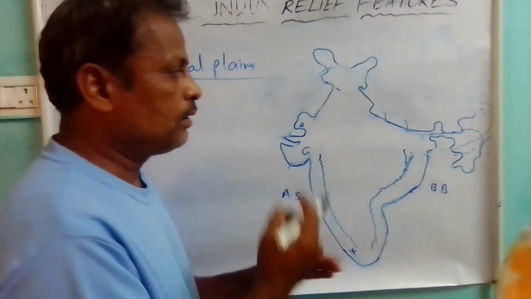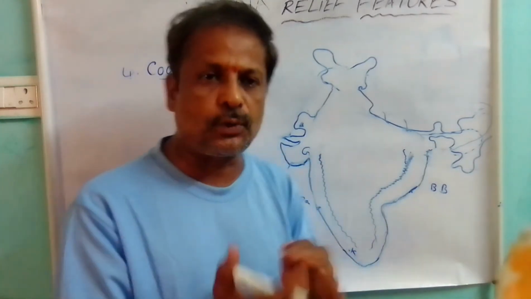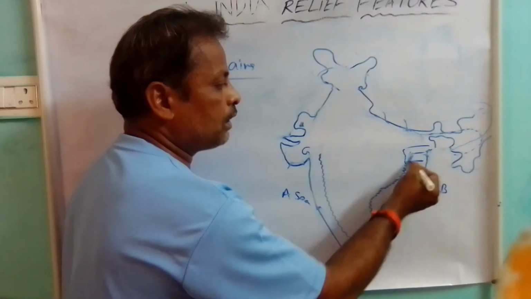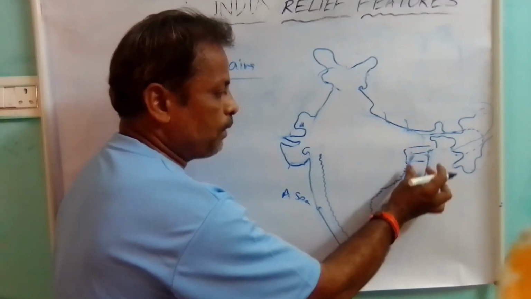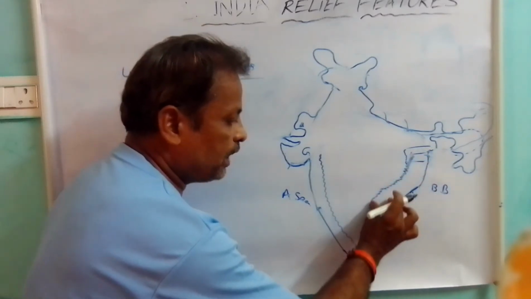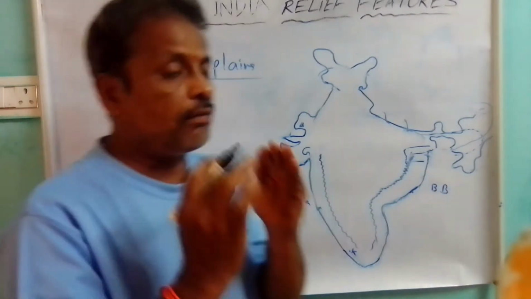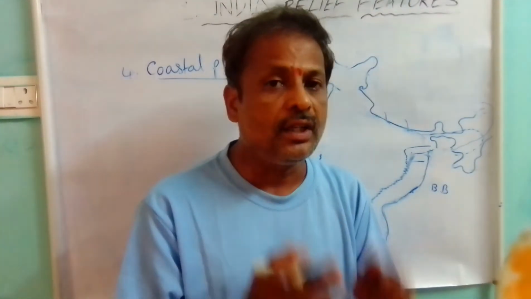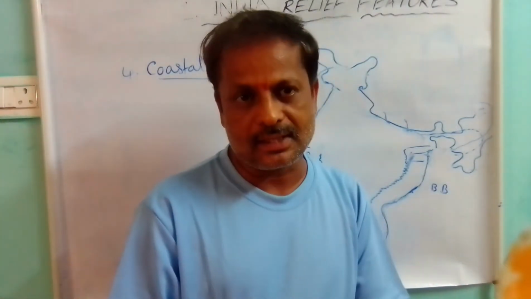And number one, the differentiations among these two plains. East coastal plain is wider on the north, and when it is passing and coming towards south, its width is slowly decreasing. And the width of east coastal plain is in the range of 80 to 100 kilometers.